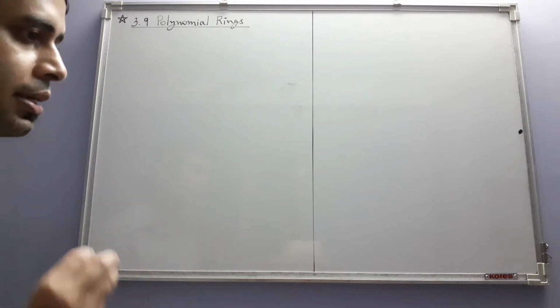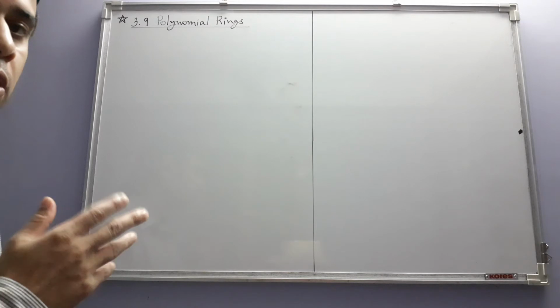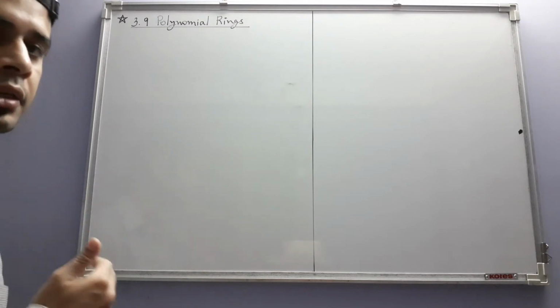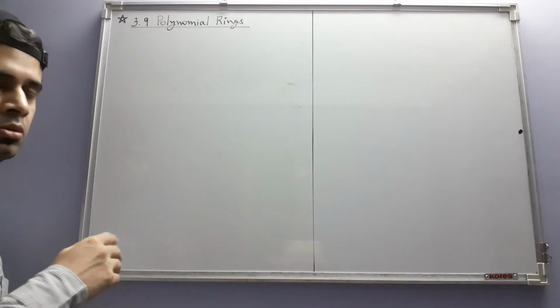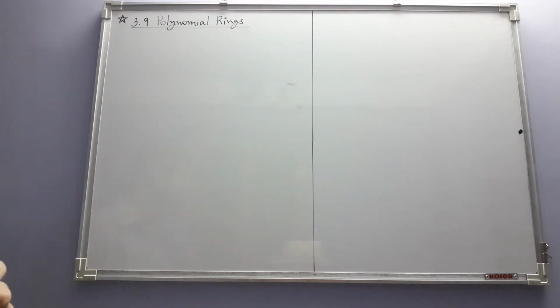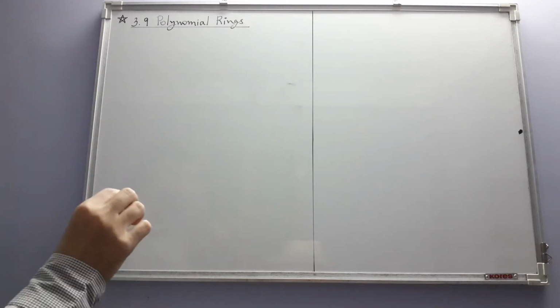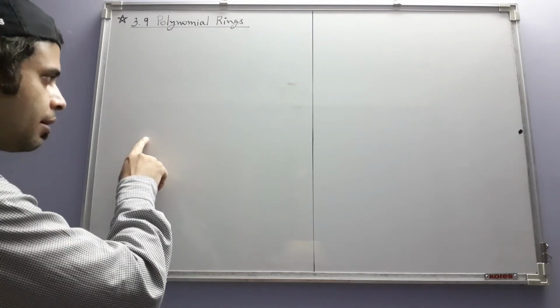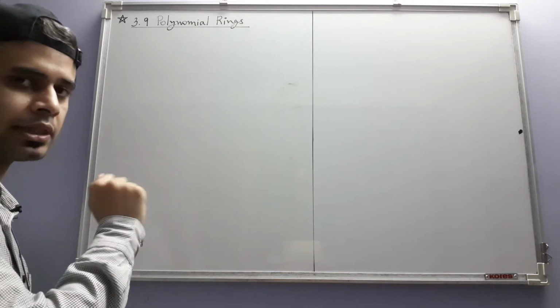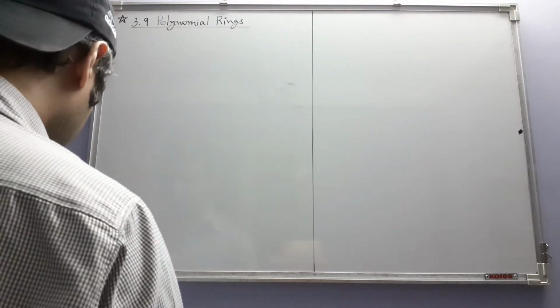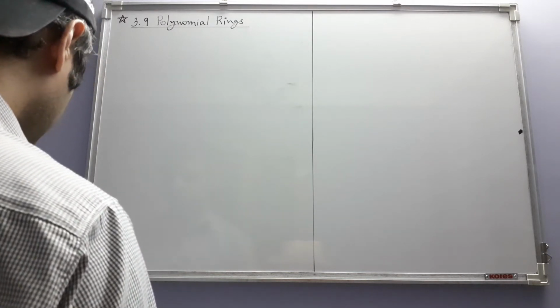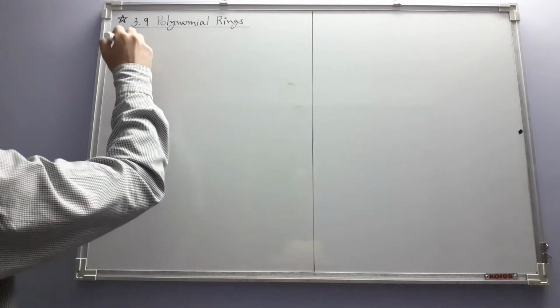For us, x will be not just an unknown but an indeterminate, and there is no need for you to know what x actually is. It's just an abstract symbol which is a part of those symbols that we are calling polynomials. So that's how we are going to present the definition.